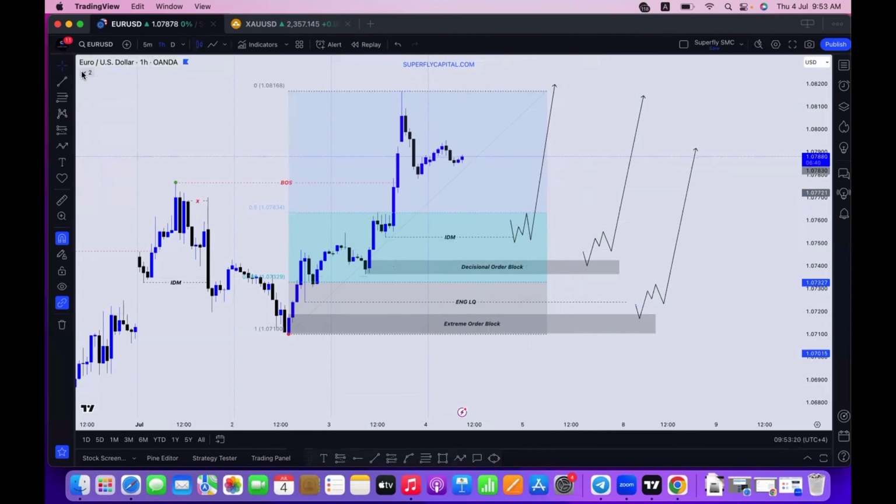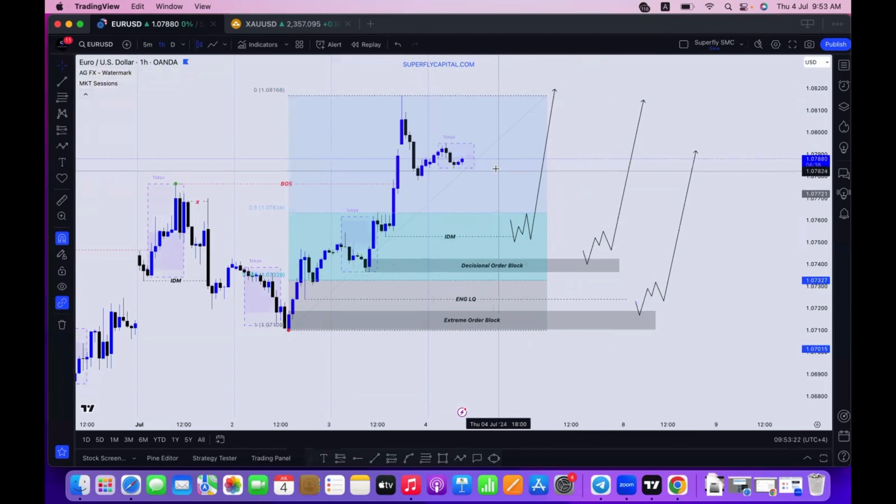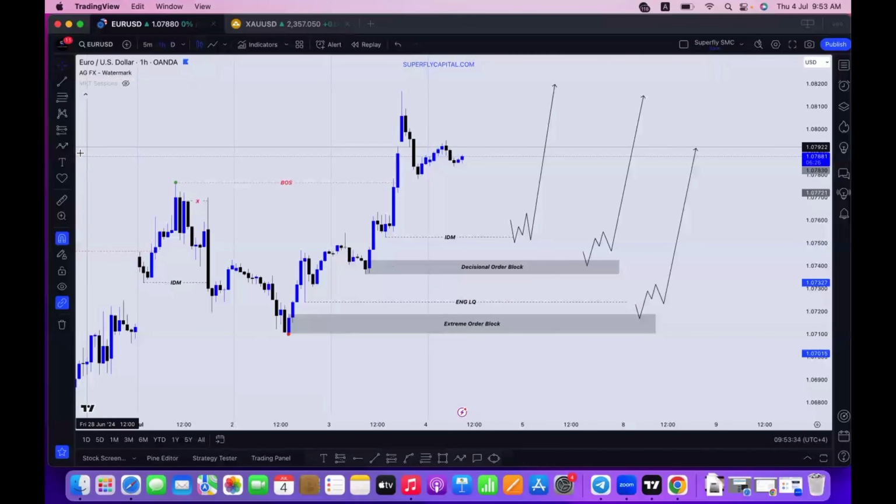And then you can apply your sessions too, and you can see price is still in the Tokyo session. So in the London session open, price might just mitigate this order flow where the inducement is, without even going for the order blocks, and buy from there. Because as you can see, there's a valid order flow at this point.